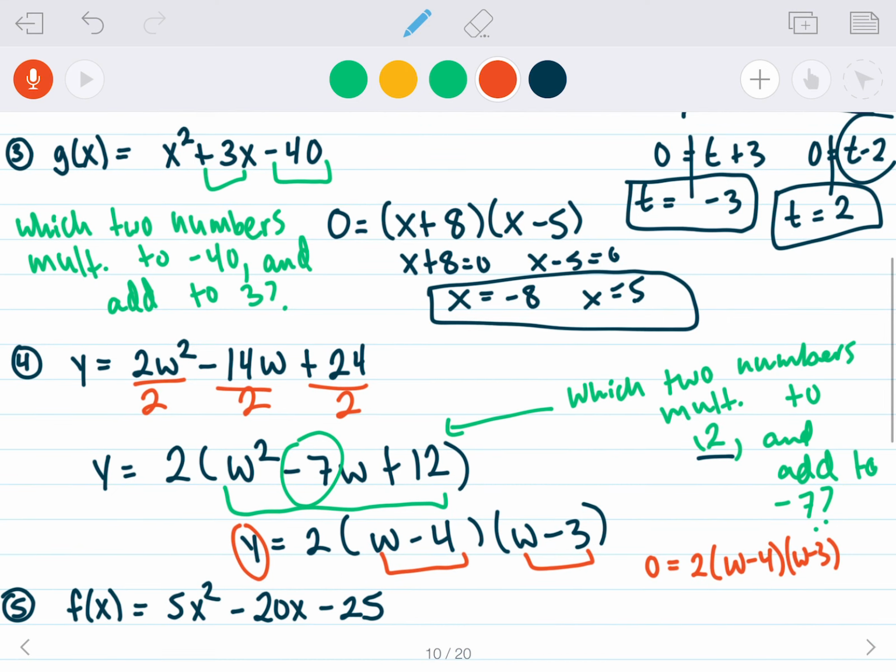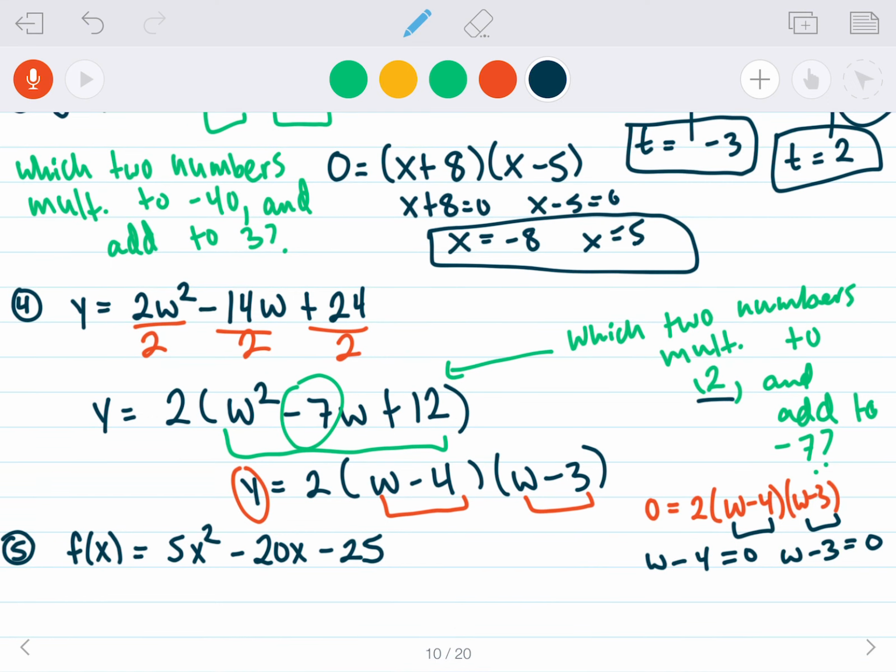And would it make sense to say 2 equals 0? Well, no, that's absurd. 2 does not equal 0 here. So we set w minus 4 equals 0 and w minus 3 equals 0. The 2 we don't need. So the only things that can be 0 here are w minus 4 and w minus 3.